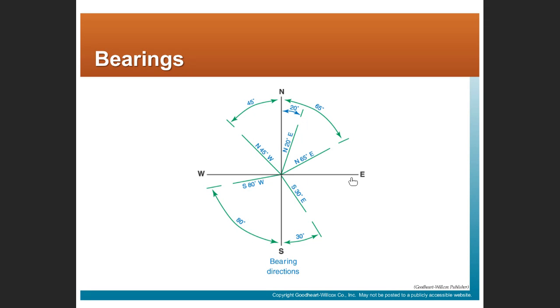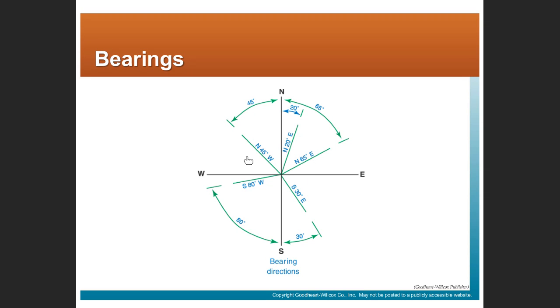Remember, from north to east is 90 degrees. The whole circle is 360 degrees, so each quadrant is 90 degrees. So north 65 degrees east is obviously going to be more east than 20 degrees east because 65 degrees is greater than 20 degrees. So again, this would be a bearing line of north 65 degrees east.